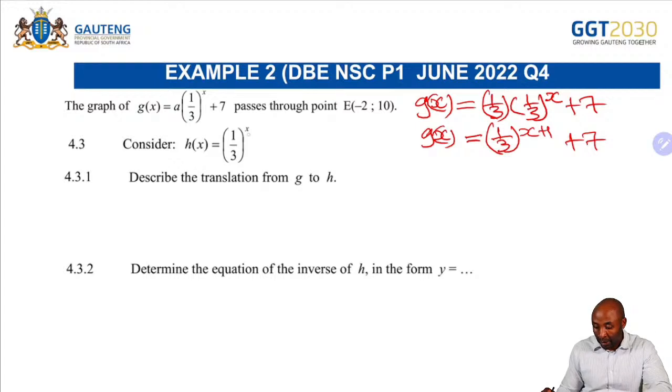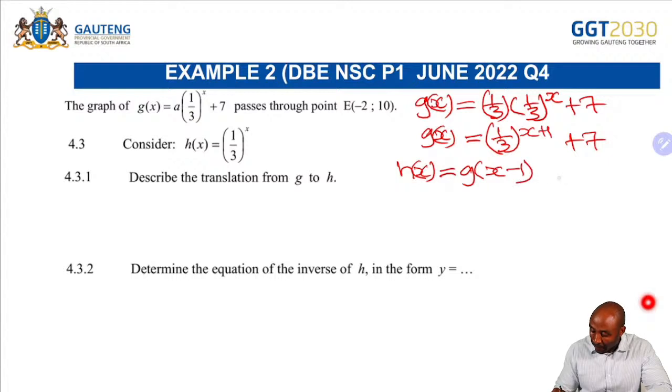To get h of x in terms of g, I want to get power x here. It means for this one, I must subtract, so it becomes g of x minus 1. For me to get 0 there, I'll get plus 7 minus 7.